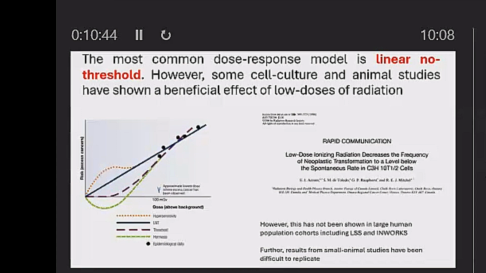In the major human cohort studies, like the atomic bomb survivor studies and the radiation worker cohort studies, INWORKS, this has not been shown, right? In any analysis of human patients, it's always been linear, no threshold.